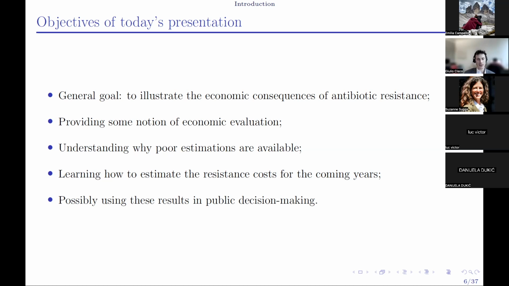Then we will see why we have this shortcoming in the cost evaluation of resistance, and then I will present how we possibly can overcome this shortcoming and try to make estimates of the resistance cost, that at the end, of course, we will use for public decision making. What I find interesting in this topic is that it's not research by itself, but really something that we can apply to public health.